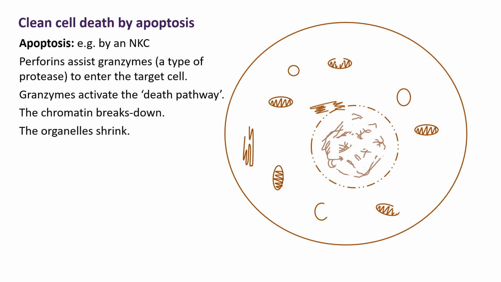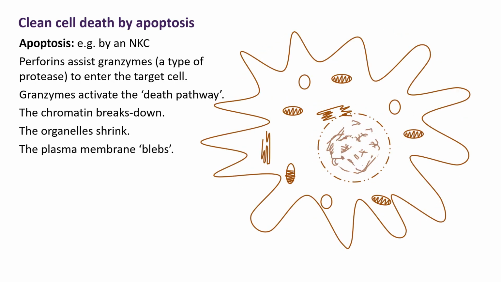The chromatin, so the DNA in the nucleus, then starts to break down. Also, the organelles all start to shrink. They start to shrivel up. The plasma membrane, instead of being a nice plump plasma membrane, starts to do this thing called blebbing, where we get the plasma membrane in and out and really uneven, and we've not got a nicely shaped cell.